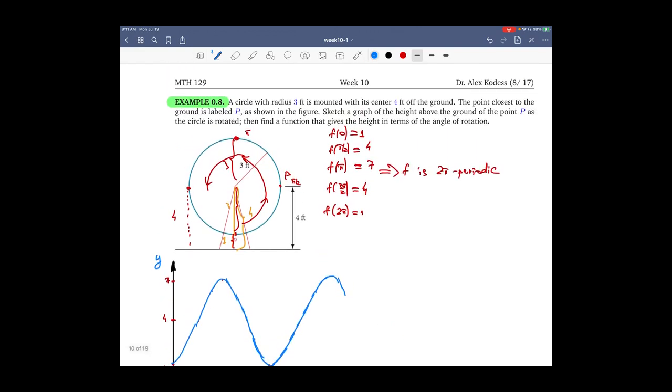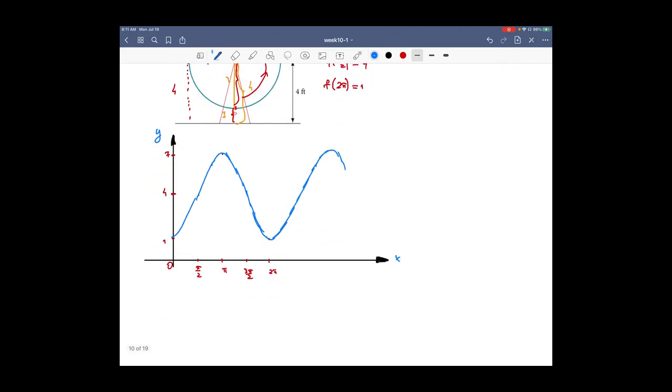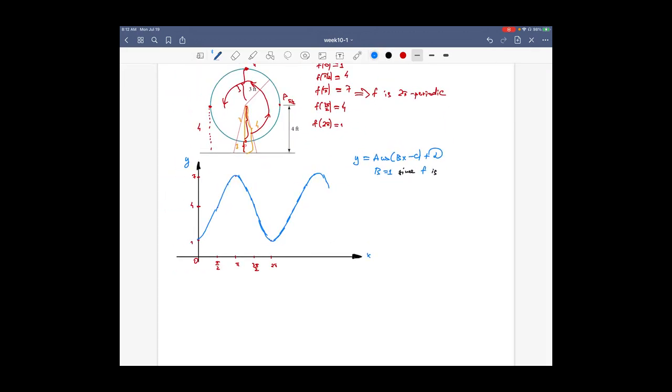So what is the formula for this function? Well, to me, it looks like a reversed cosine. So let's look for this in the form a cosine bx minus c plus d. B is 1 because it's 2 pi periodic, since f is 2 pi periodic.